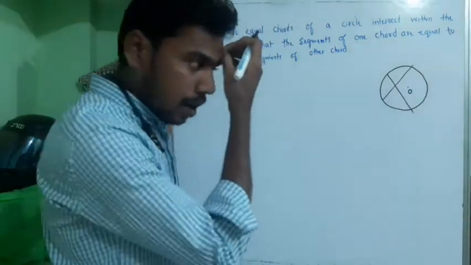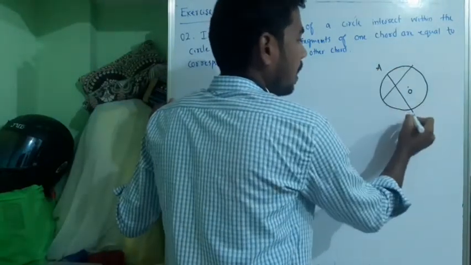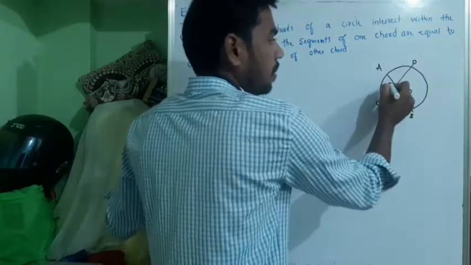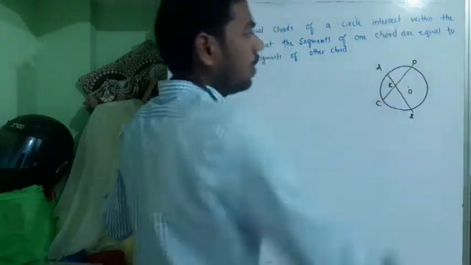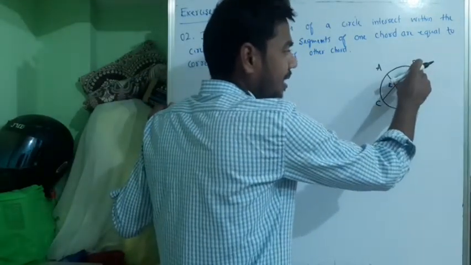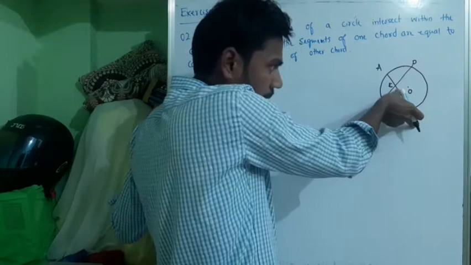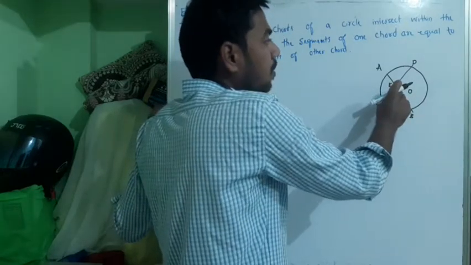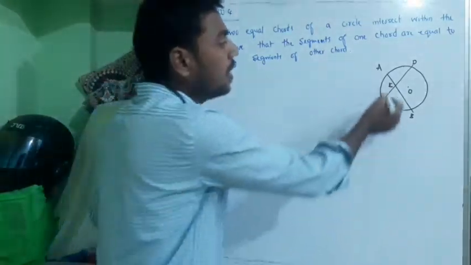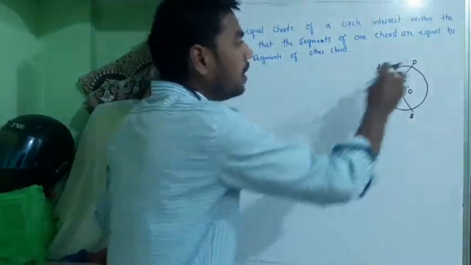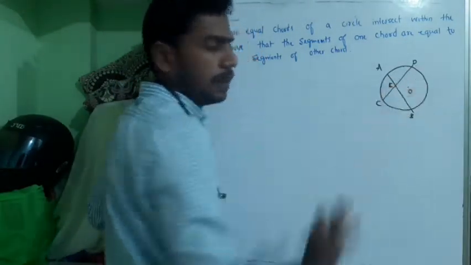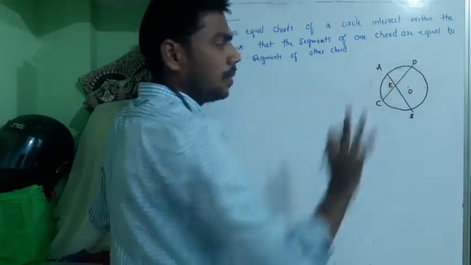Let AB and CD be the two equal chords, they intersect at point E. Then we need to prove the segments that have been formed: ED should be equal to EB, CE should be equal to AE. These are the segments formed after intersection, and we need to show the corresponding segments are equal, that is DE is equal to EB, CE is equal to AE.